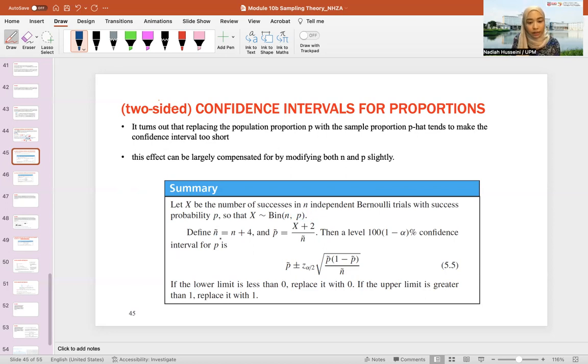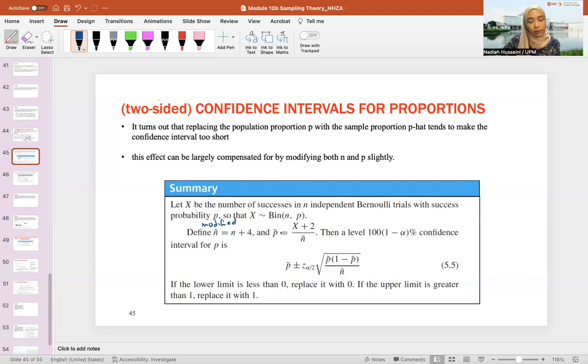So define your modified N, which I'll call N hat, equal to N plus 4. I don't know what this is formally called, but we're changing this N to become better suited for our estimation. So we have to modify our N to become N plus 4.